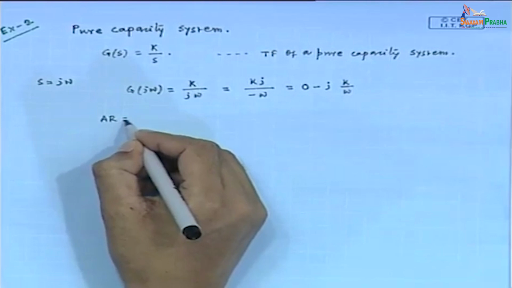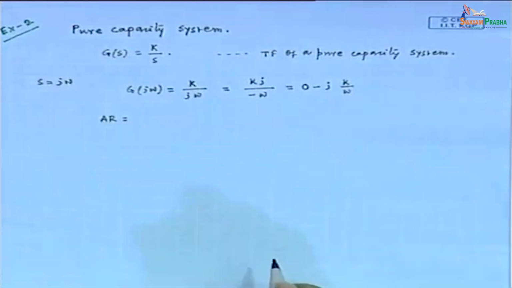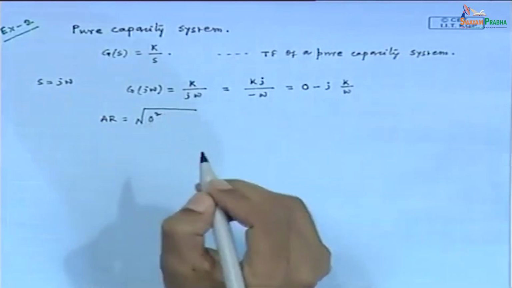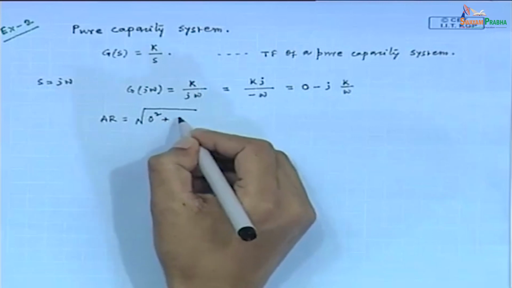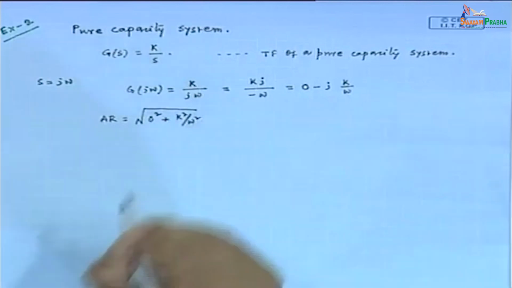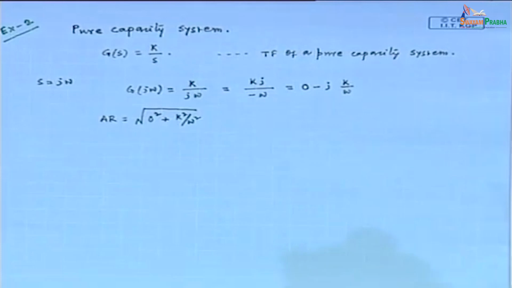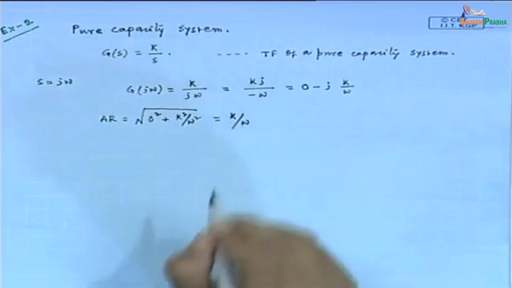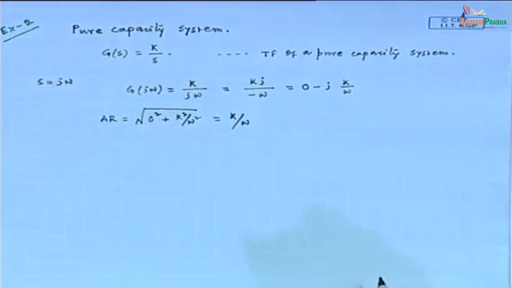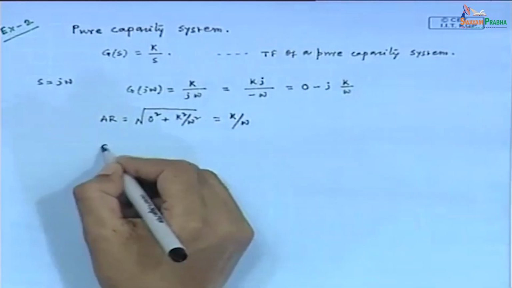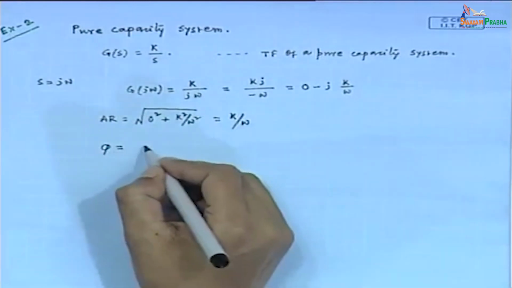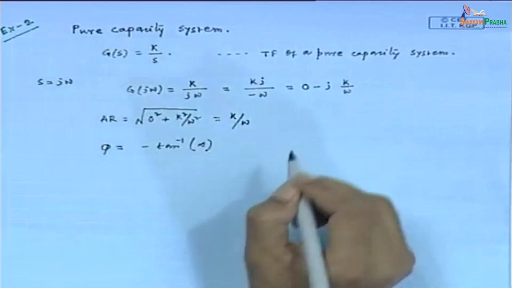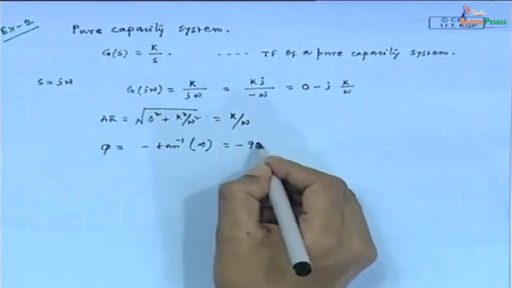So, what is amplitude ratio? Amplitude ratio we can write as the square of 0 and square of k by omega and then square root. So, this is equal to k by omega. How much is phi? Phi is tan inverse minus infinity, that is minus 90.